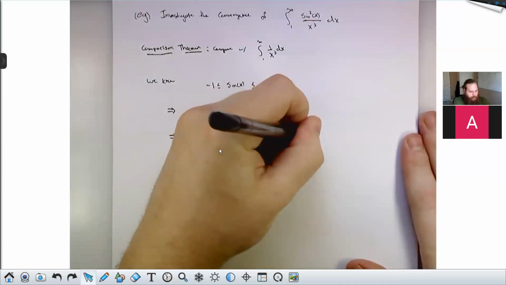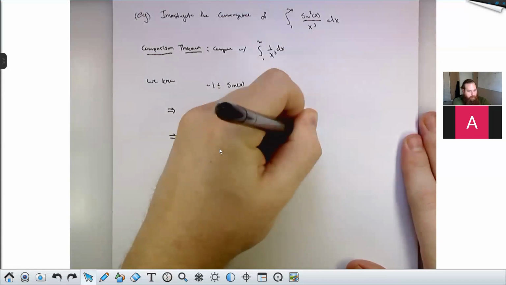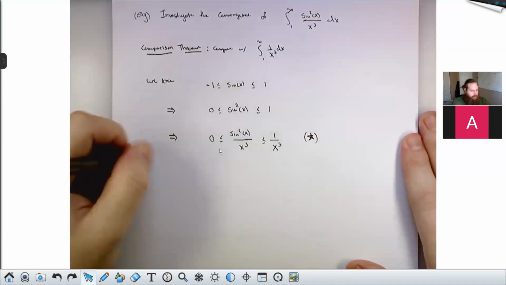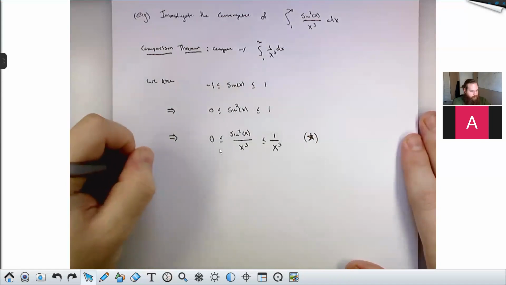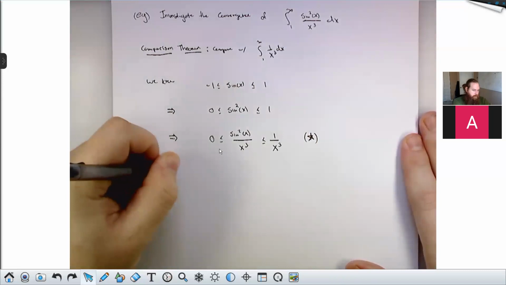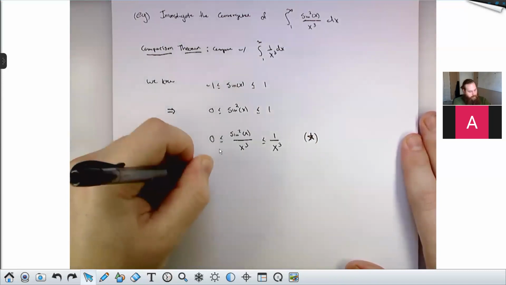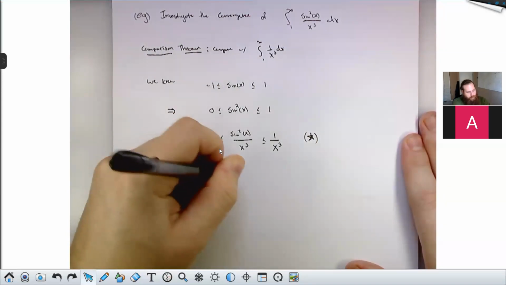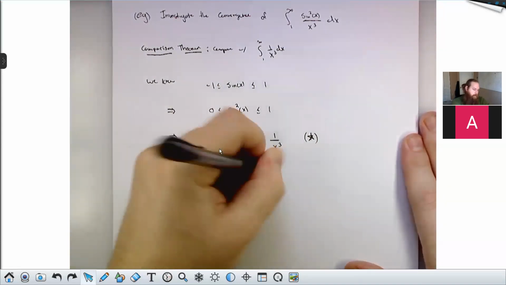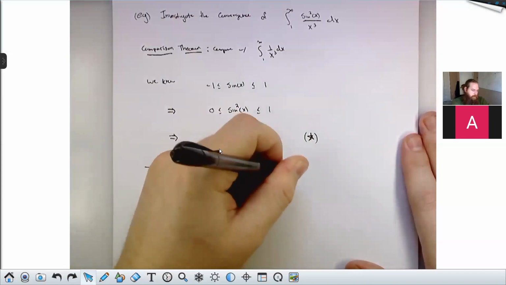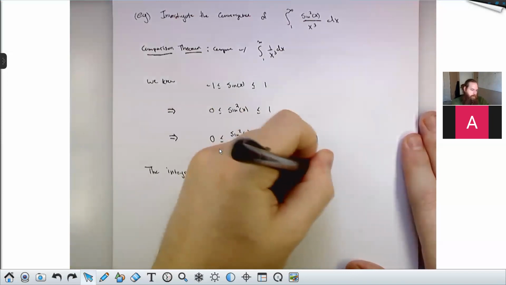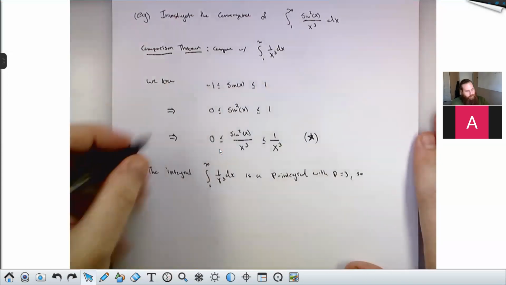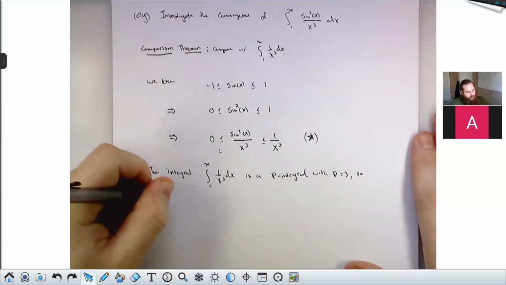Now what I would do is I would give this last inequality a name. I would call it star and say the integral from 1 to infinity of 1 over x cubed dx is a p integral with p equal to 3. So it must converge.